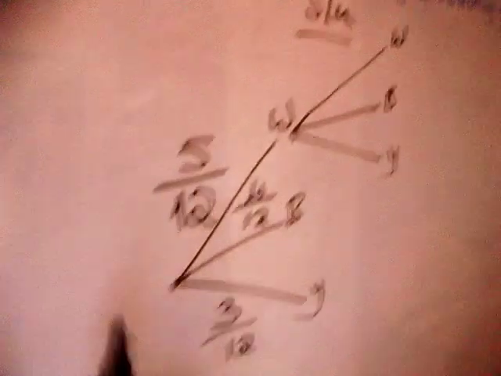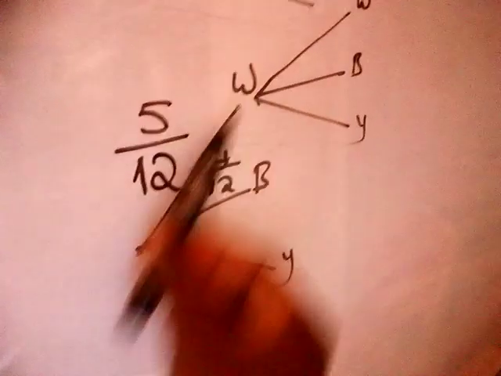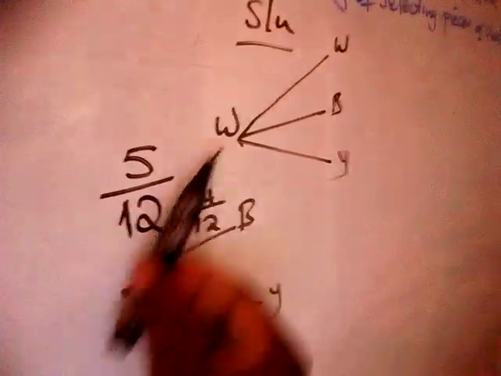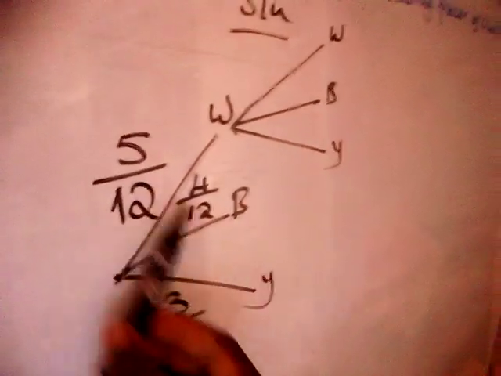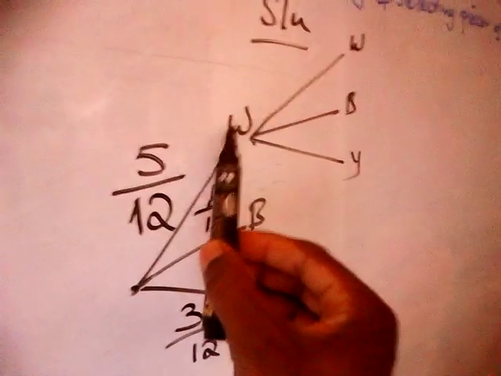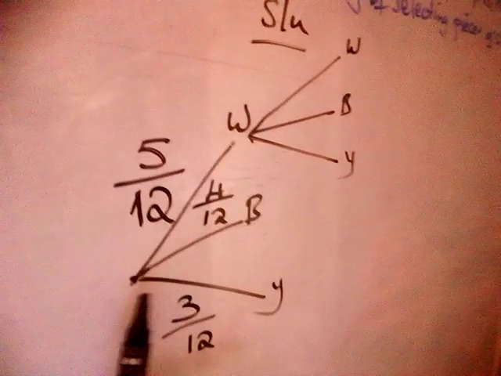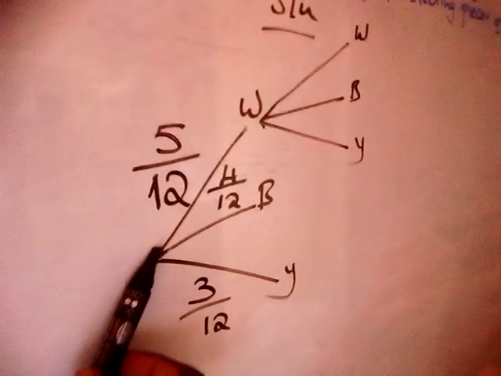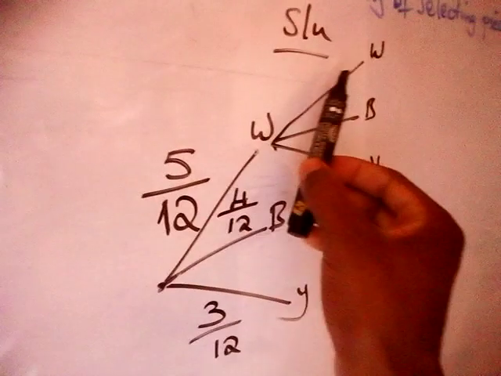Now here, suppose when that piece of chalk was picked from this box, suppose it was white. If we go by this branch here, suppose it was white.